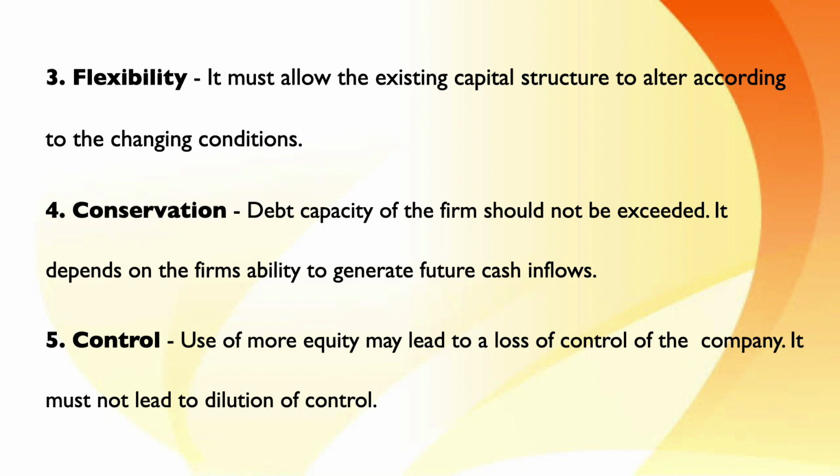For the remaining capital I will go for debentures. Why? Because debentures are nowhere connected with the decision making power of the company. They only want the interest on their debentures. Is that clear? So the fifth point talks about the control aspect.